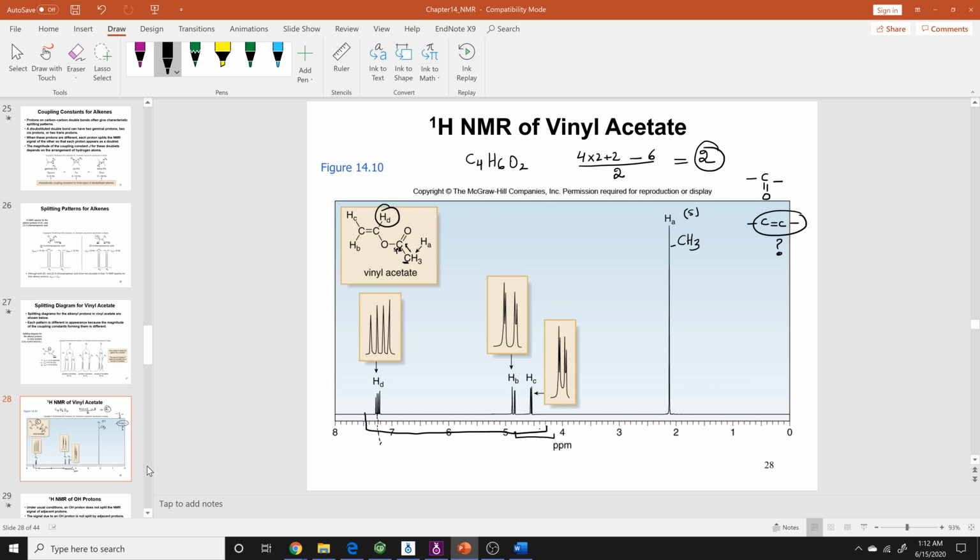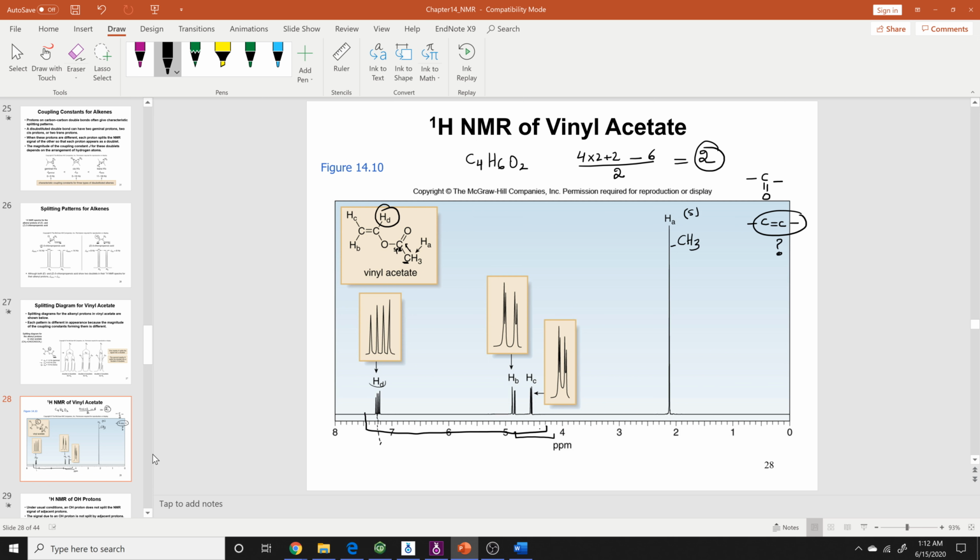All of those belong to the carbon double bond carbon, because that hydrogen D is connected to the oxygen, and that causes everything to shift downfield. So HD in this case is shifting downfield.